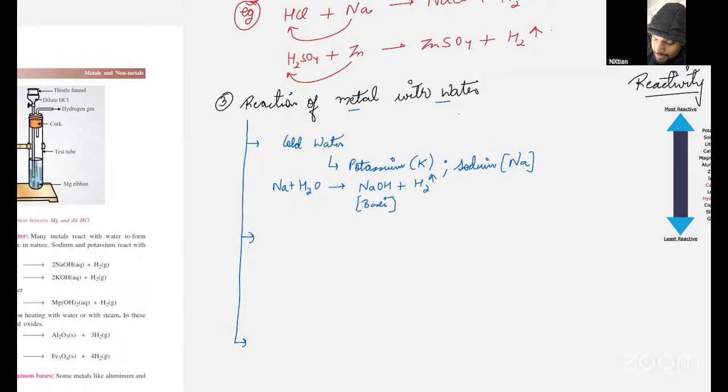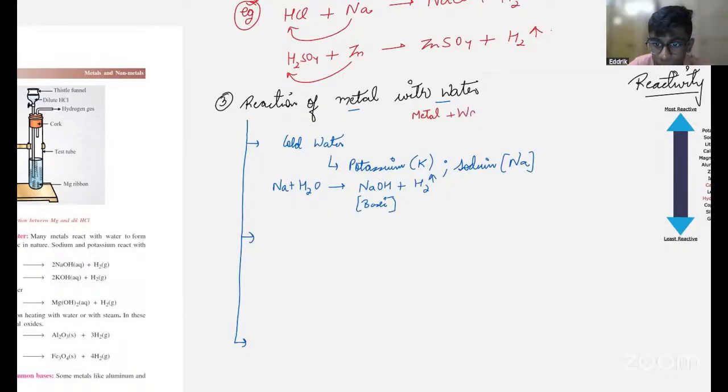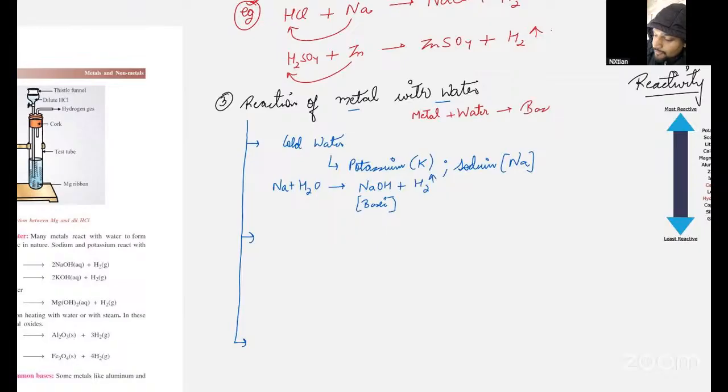Whenever a metal reacts with water, it will form a base and hydrogen gas will be released.